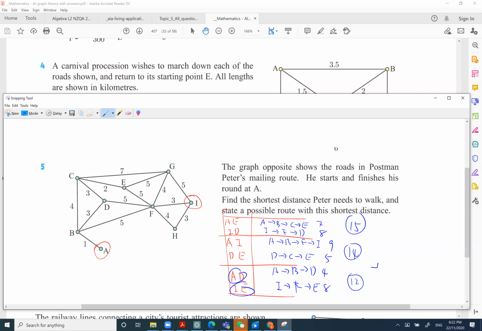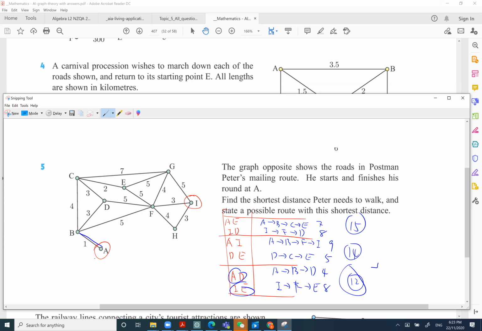For the shortest one, you just add them up and plus 12, the repeat one. You need to start from A and back to A. You just try to travel all edges and back to A, but you need to repeat AD and IE.